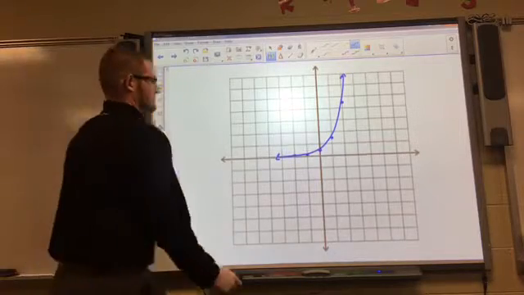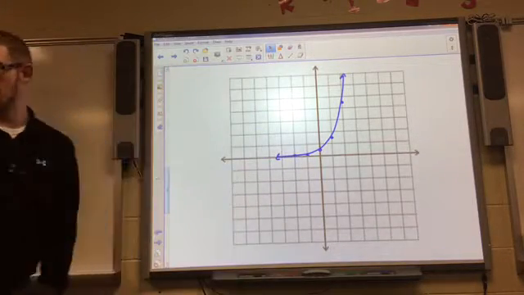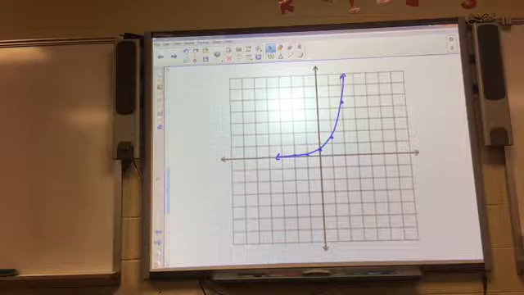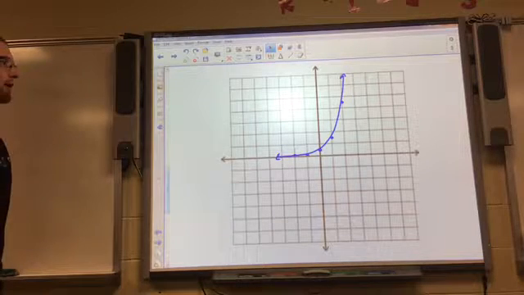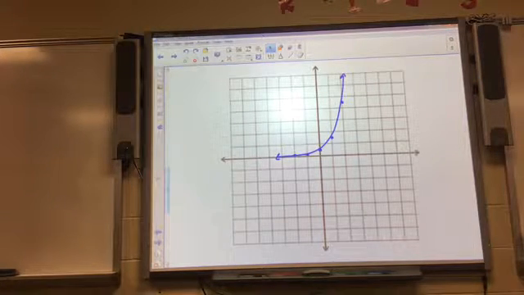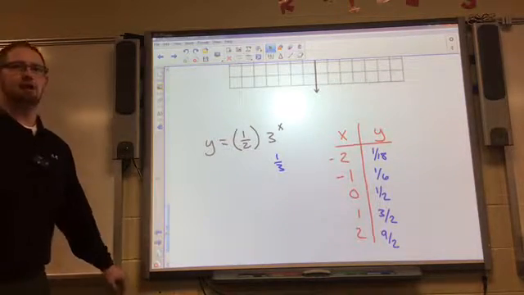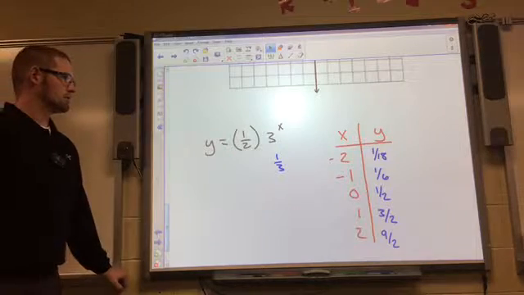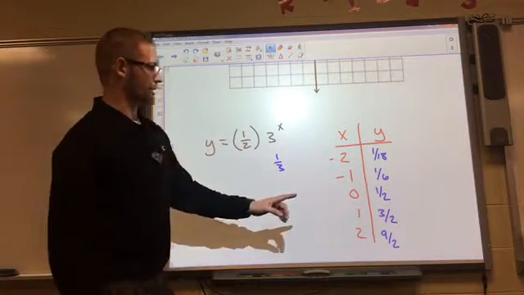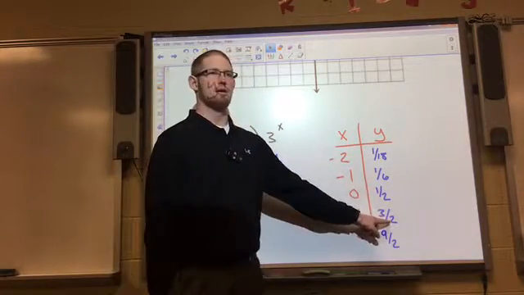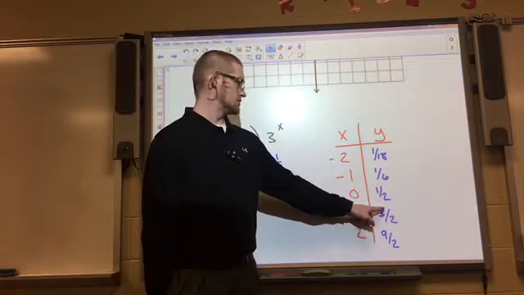A couple other things. I passed it earlier, but we're going to talk about it now. What number can I get super close to but never actually touch? Well, I passed 1, right? I went from 1/2 to 3/2, so I hit 1. It's 0.